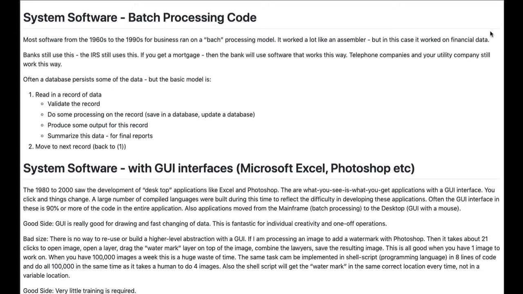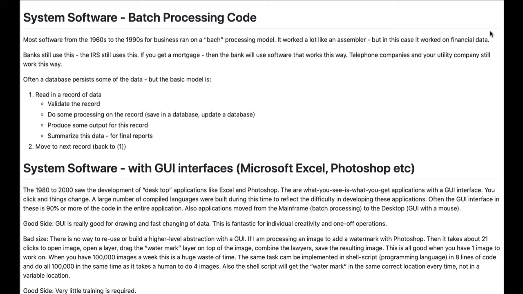You do some validation on that record. Usually the validation is checking values, making certain that things are in range. You do some processing on the record, which usually involves a database. Like if it's a person's bill that you're building, you're looking up their account number, you're looking up specific stuff about them.